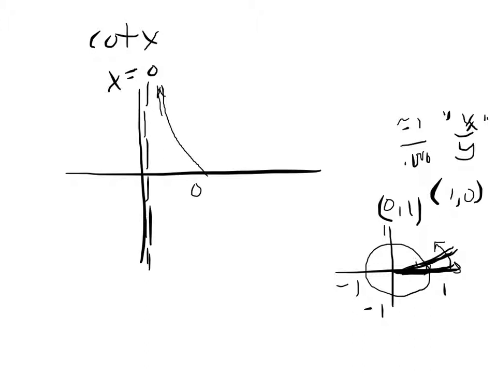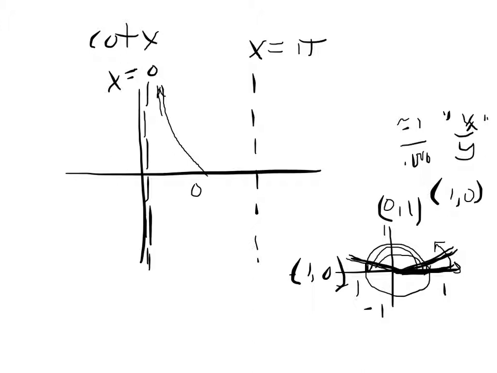As I keep spinning around, I then head over toward π. At π, it's -1, 0. X over y would be -1 over 0. That's undefined. So I know I'm going to have at x equals π another asymptote. And furthermore, what's going on with an angle that's over here, say really close to 180?